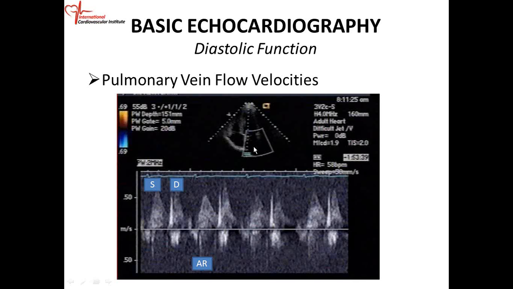Okay? So the greater the stage of the diastolic dysfunction, then the systolic components get less and less. Okay?